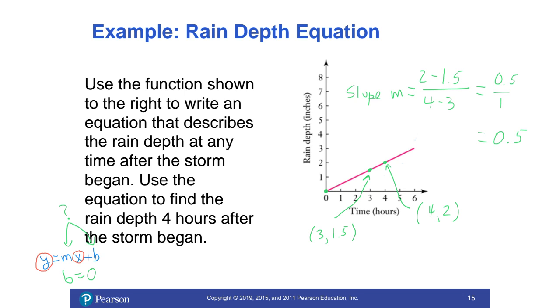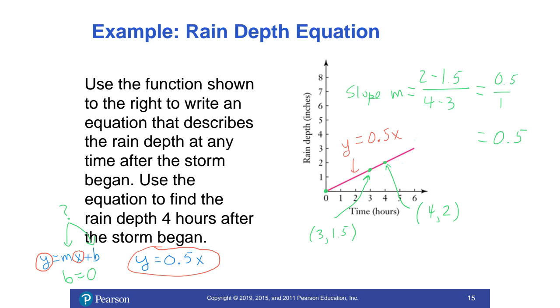So that's my slope. My slope is 0.5. So that tells us that the equation we're looking for is y equals m, which is 0.5x, plus b, but b is 0. So this is the equation of the line. So this line right here, this is the line y equals 0.5x.